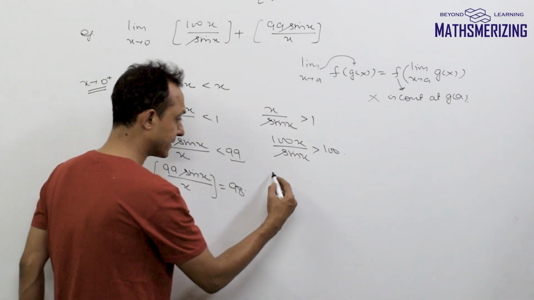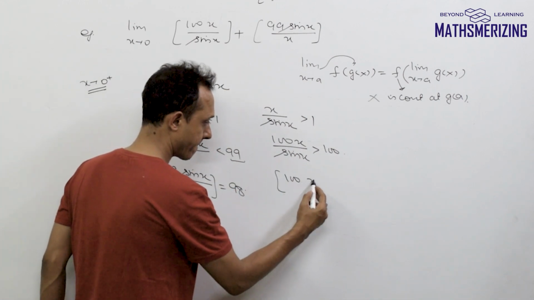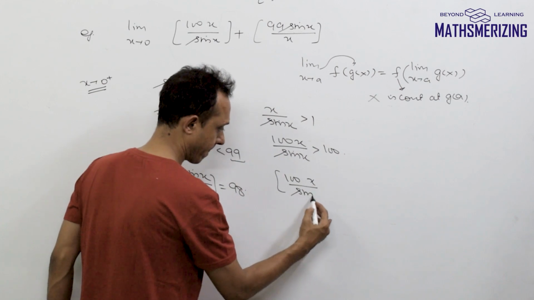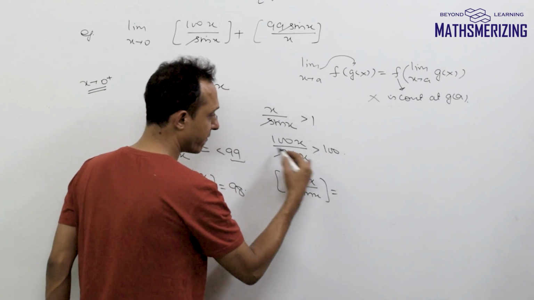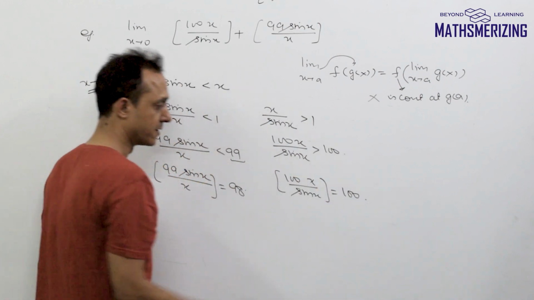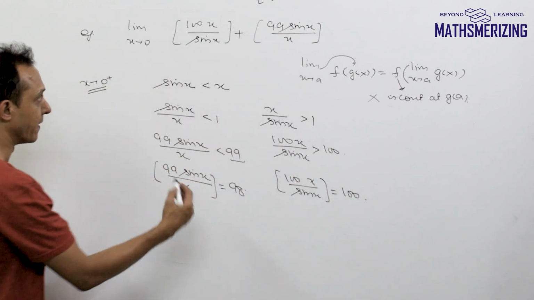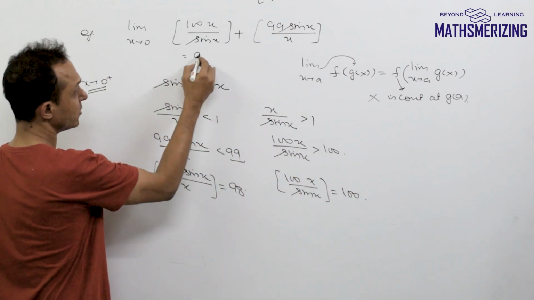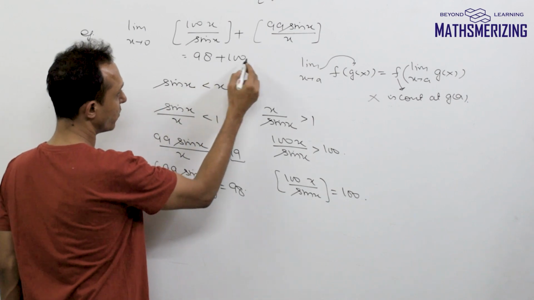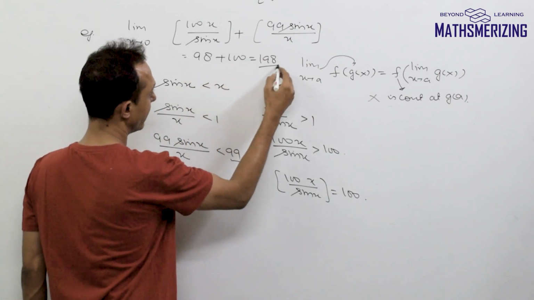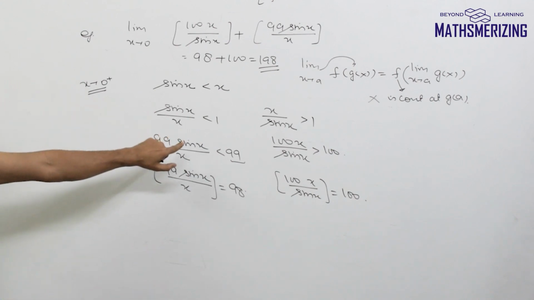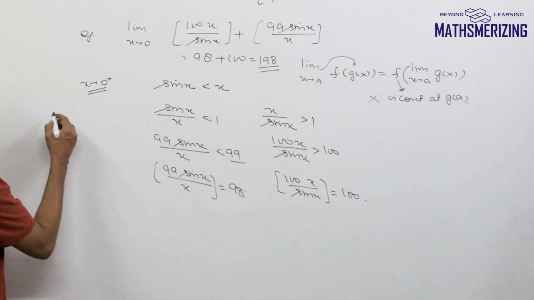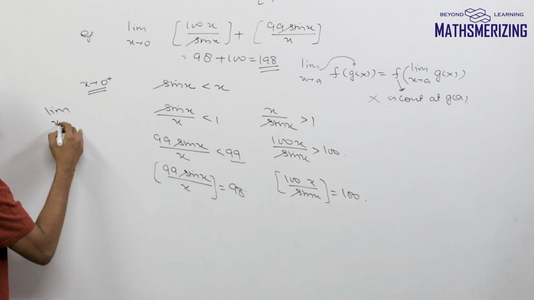Now if I take the greatest integer function again, there will be some number which is greater than 100, so this is simply 100. If I add them both up, the answer to this question will be 98 plus 100, which is 198.